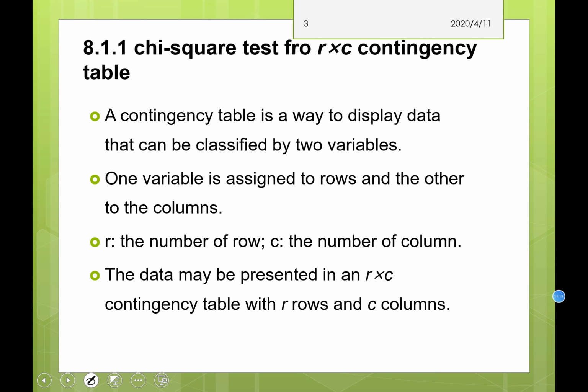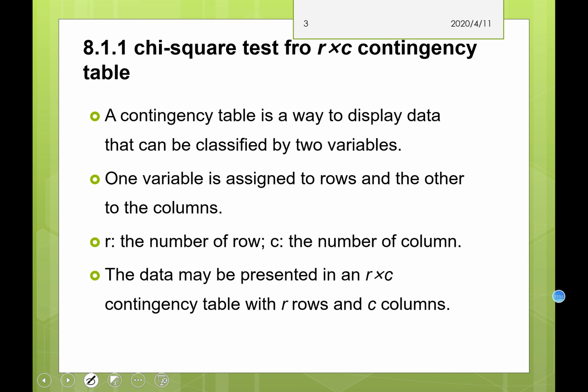But for other variables, maybe there will be more than 2 levels. For example, if we use disease severity as the column variable, the disease severity can include mild, moderate, and severe.